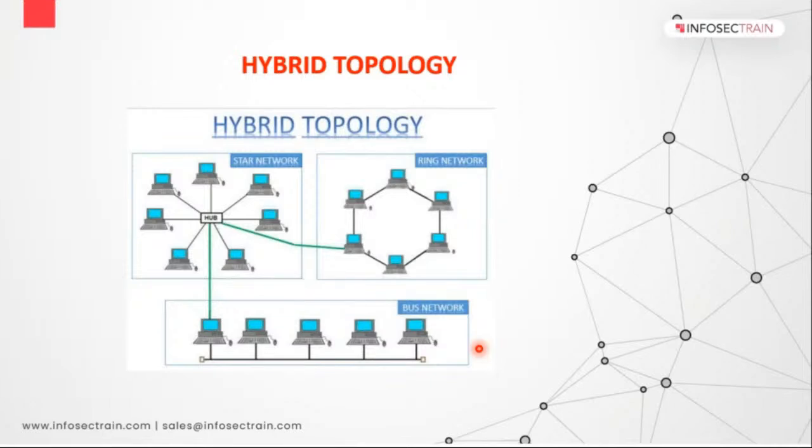Is it star? Is it mesh? Is it ring? Or is it bus? Which one is the fastest topology out of all, guys?